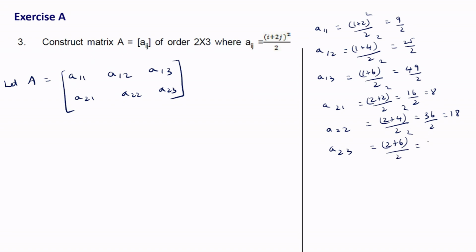It is 8 square by 2, which is 64 by 2, 32. So the matrix A is 9 by 2, 25 by 2, 49 by 2, 8, 18 and 32. So this is matrix A.